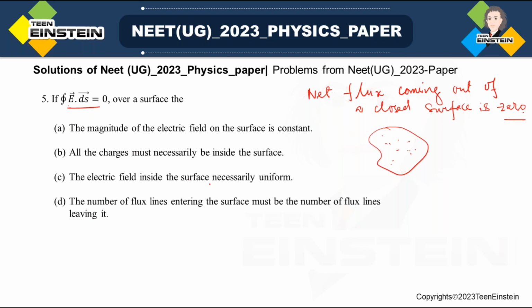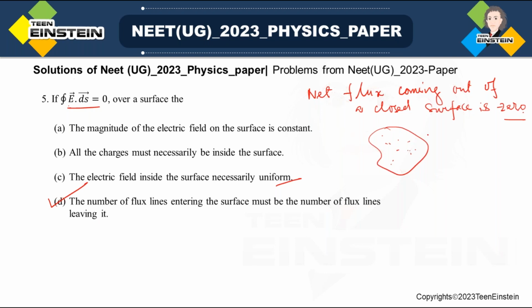The electric field inside the surface is necessarily uniform. This is also not the reason for net flux to be 0. The number of flux lines entering the surface must be the number of flux lines leaving it. This is correct.